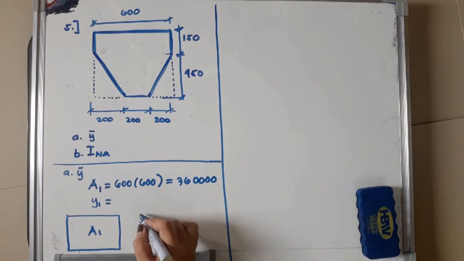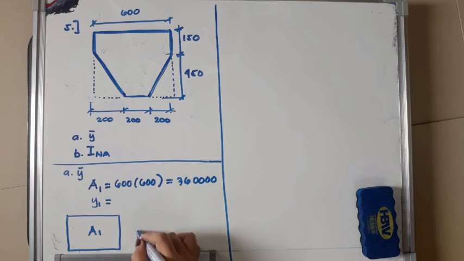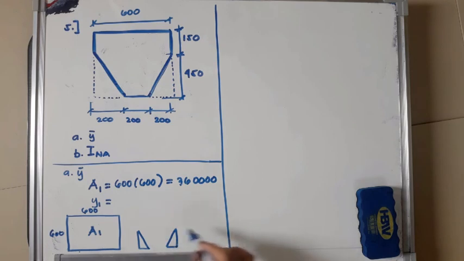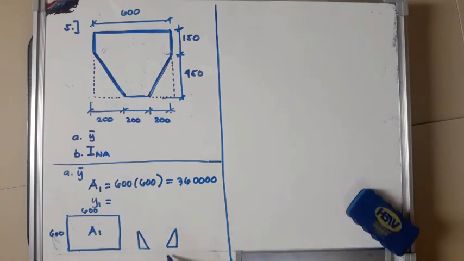Your area 2 will be the triangles here. This will be your area 2. So this is 600 by 600. And these two triangles here are 200 by 450. Okay?